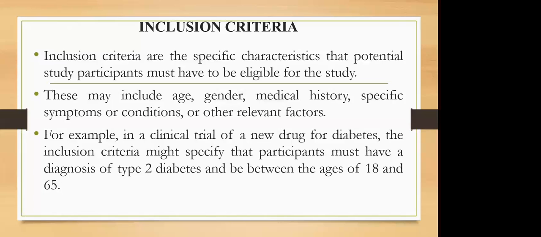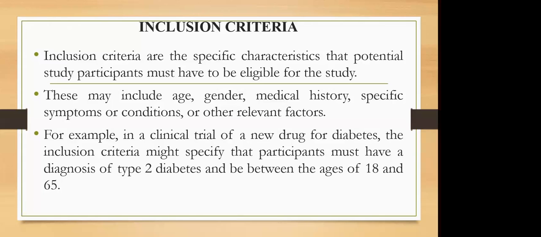These are the things that can inform our decision making when we are writing the inclusion and exclusion criteria. So for example, in a clinical trial of a new drug for diabetes, the inclusion criteria might specify that the participants must have a diagnosis of type 2 diabetes and be between the ages of 18 and 65. So this is the inclusion criteria.